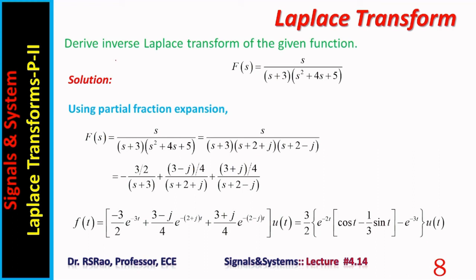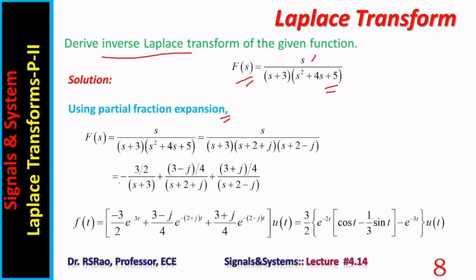Another problem: derive the inverse Laplace transform of the function F(s) given by s by (s + 3) multiplied by (s² + 4s + 5), using partial fraction expansion. F(s) can be written as s by (s + 3)(s + 2 + j)(s + 2 - j), and this function can then be expressed as a combination of three partial fractions.